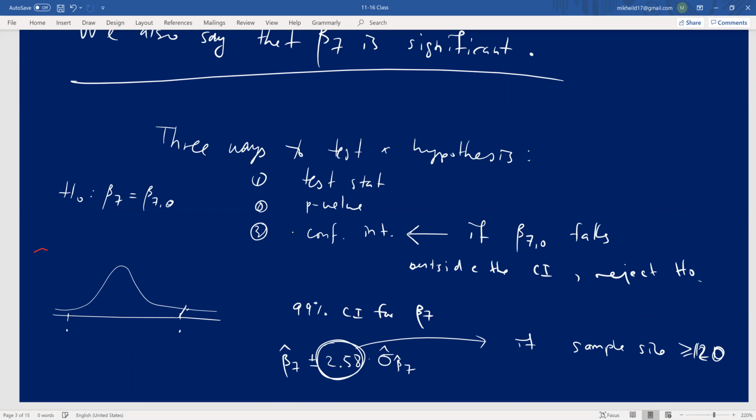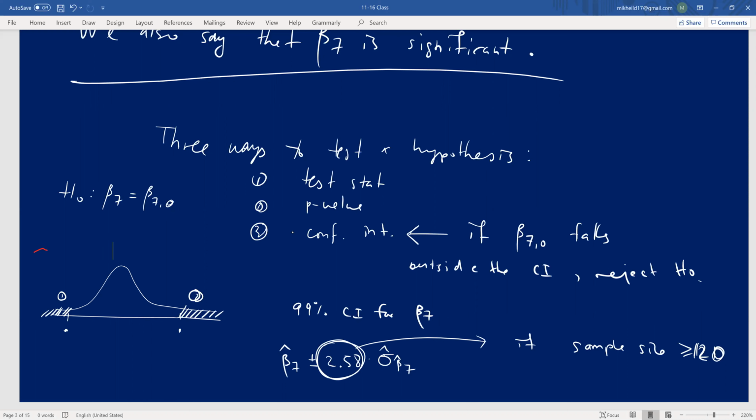If I say that the p-value for a two-sided test is area 1 plus area 2, then what do you have here and here? Since they are the same, it's practically just 2 times area 1.